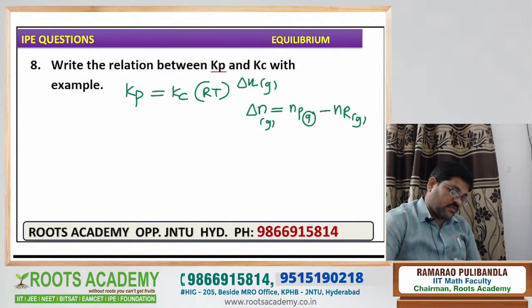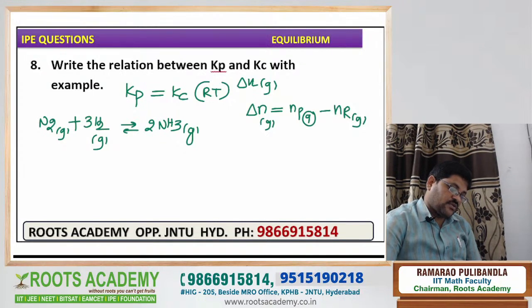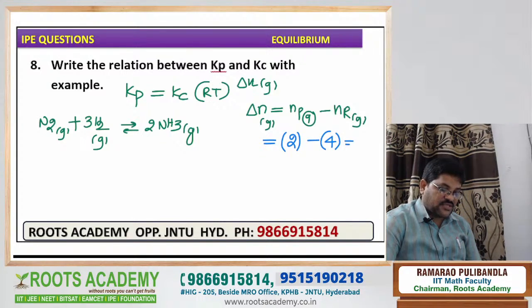Then you write one example. Take the example of this reaction: N2 gas plus 3H2 gas gives rise to 2NH3 gas. For the synthesis of ammonia by Haber's process, delta n in the gas state is 2 moles of product ammonia minus 4 moles of reactants, that is equal to minus 2, because this is 1 mole and this is 3 moles.